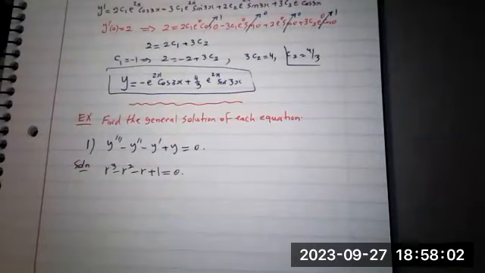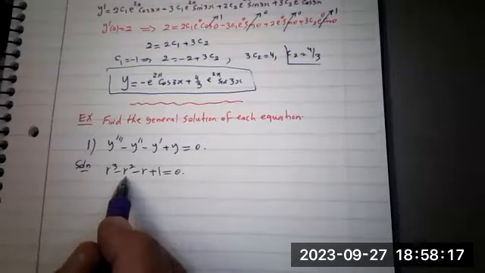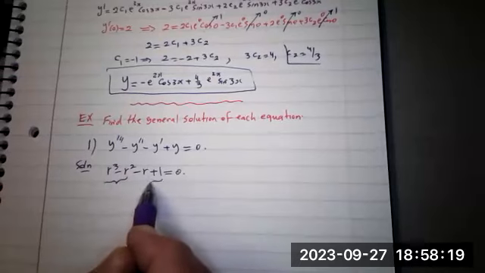You cannot use the factoring directly, but how many terms do we have? 4. So when you get an even number, you try grouping them. Okay, try to group them together. To find the common factor, you group the first two and the last two.